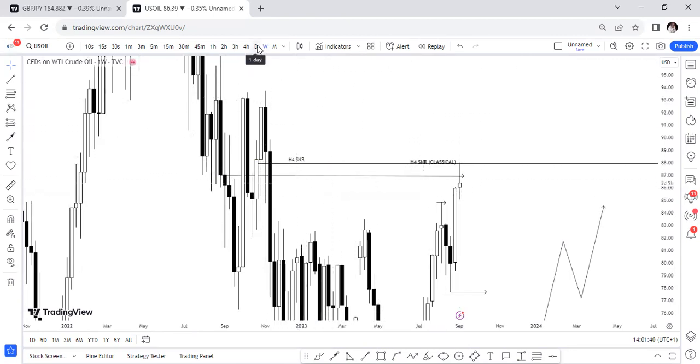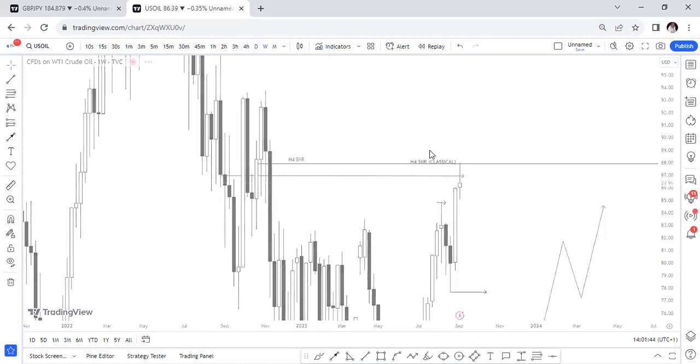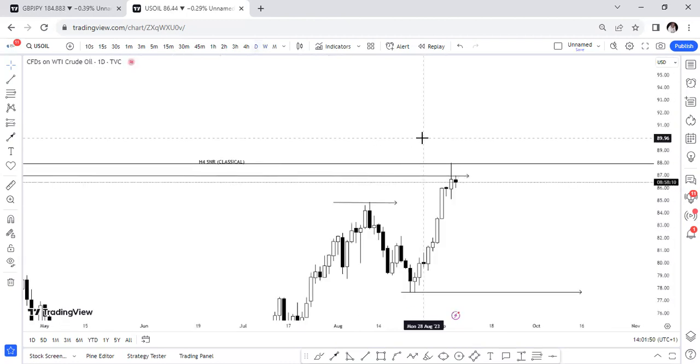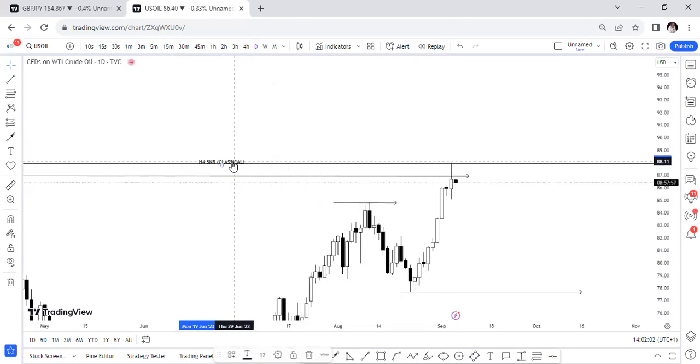So go to daily. That's your weekly. Your weekly is still bullish, but there's a reaction from 4 hours obstacles. We call this a 4 hour obstacle.